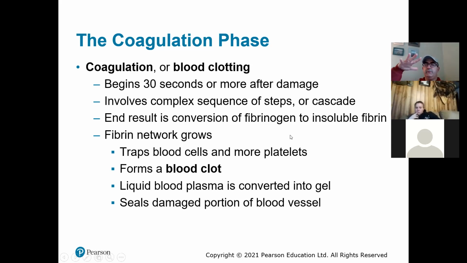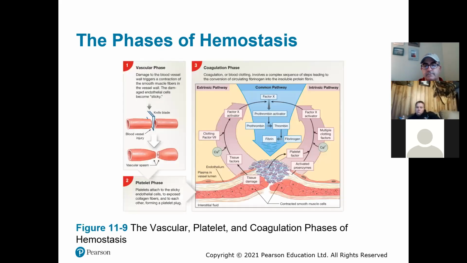And what the fibers do is they make a meshwork over the injury. The vessels shrink down, the platelets gather at that injury site, and then the fibrin makes a meshwork over that injury site so that no cells can leak out of it. So it's like scabbing, that's the scab, exactly.